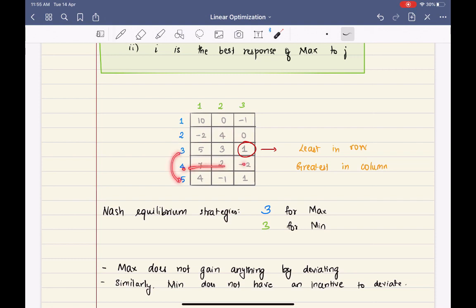If max goes to 5, it doesn't change. Similarly, if min knows that max is playing 3, min has no incentive to deviate, because if min deviates from 3, max will get a better payoff. So this is why there is an equilibrium in these strategies and no party wants to deviate.